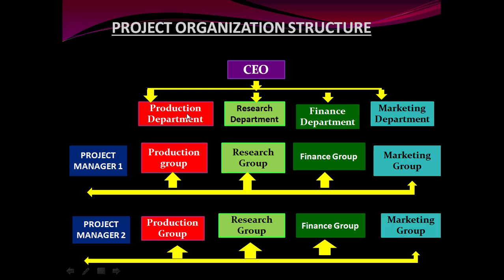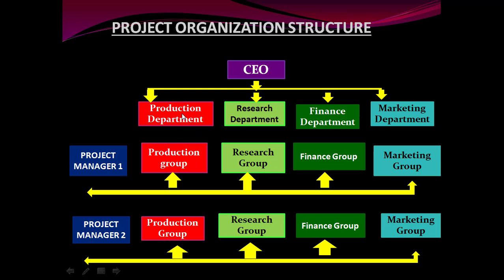The employee from the production department has come in the production group, and from the research department has come in the research group, from the finance department has come in the finance group, and so is the case with the marketing group, right? And all these employees are working under the project manager. They are all reporting to the project manager. They have no link with their departmental managers.